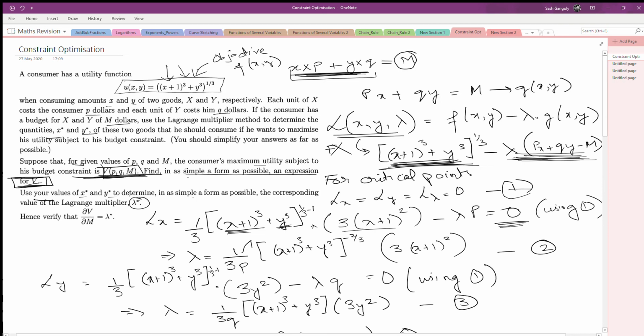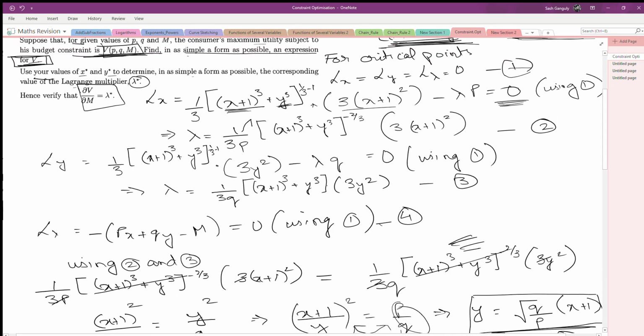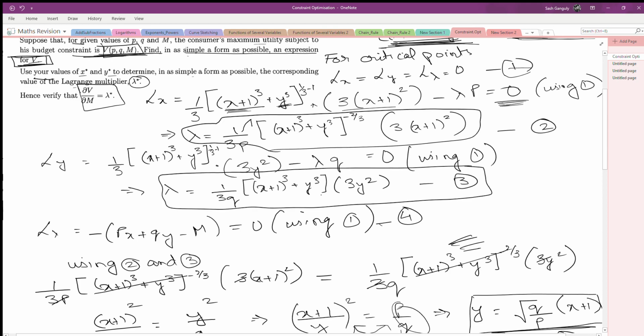So now we have to find what is lambda star, and eventually we'll find that they are equal, right? So to find lambda star, we can use either equation 2 or equation 3. Either is fine, right? So let's just use equation 3 itself.